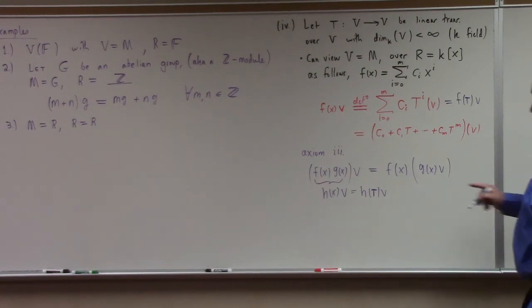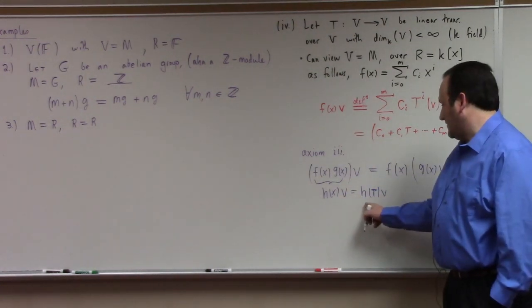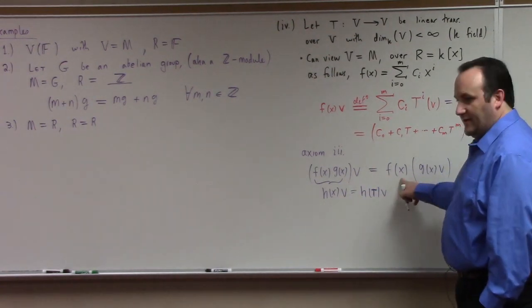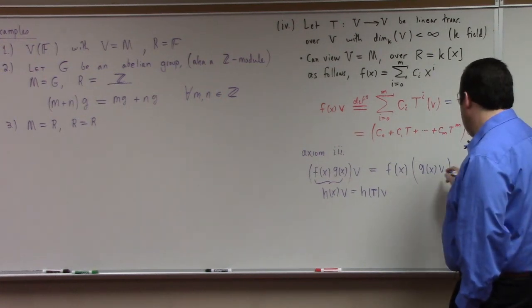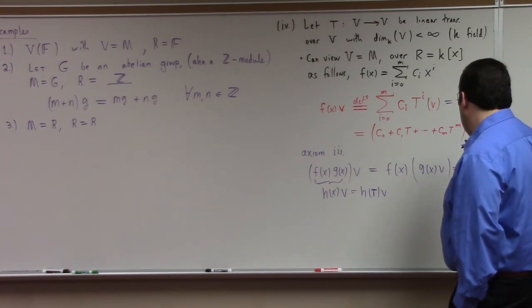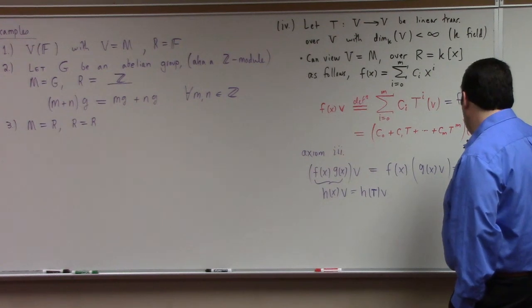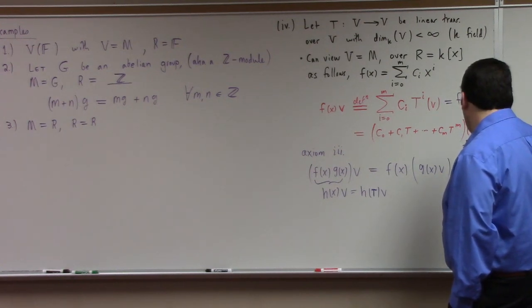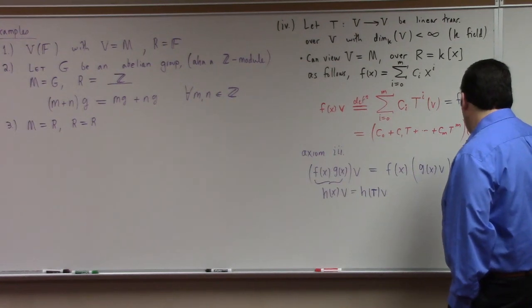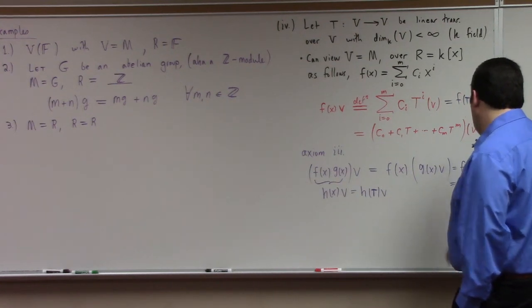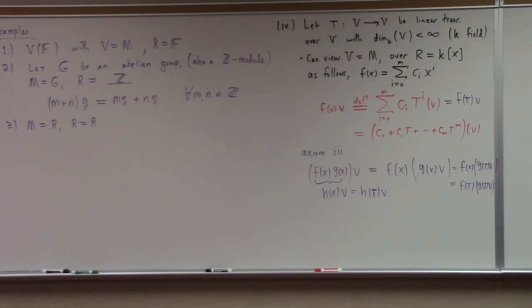And so, if the product of this is h of x, then by definition, that's h of t acting on V. On the other hand, this is f of x acting on g of t on V, which is then f of t acting on g of t of V. And by composition of functions, those are equal, right?